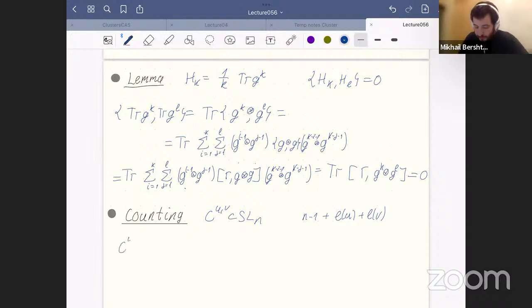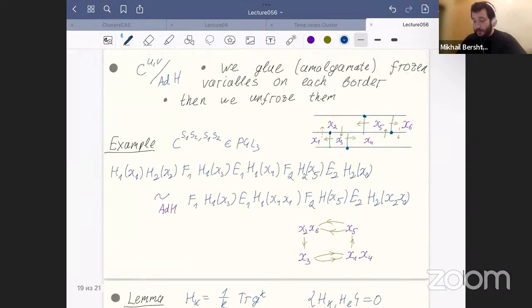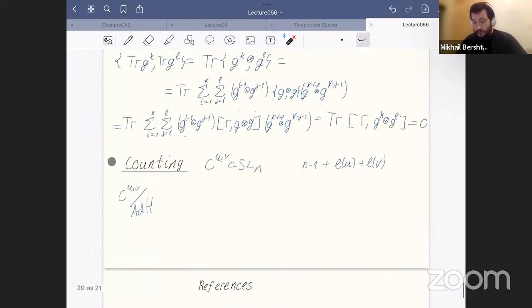Now, if we take the corresponding double Bruhat cell and take its quotient with respect to the adjoint action of the torus, then we glue frozen variables on the right border and the left border. And we have only one frozen variable for each row. So the dimension of this will be just l(u) plus l(v).